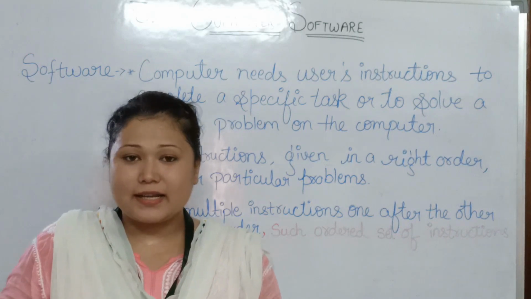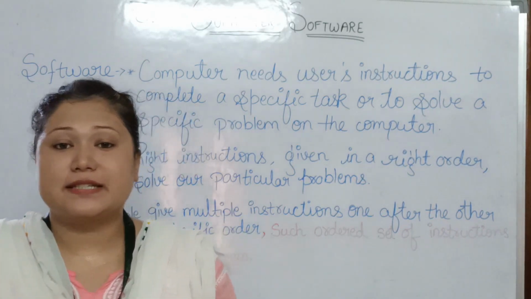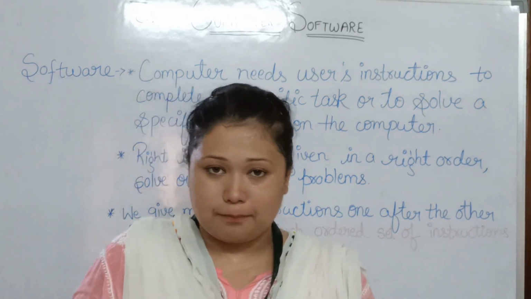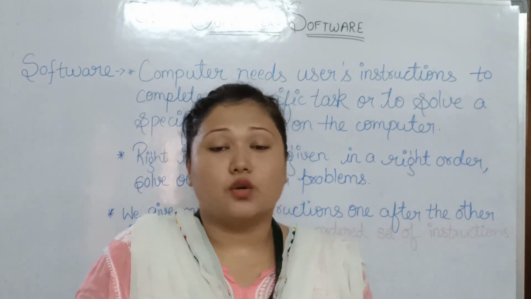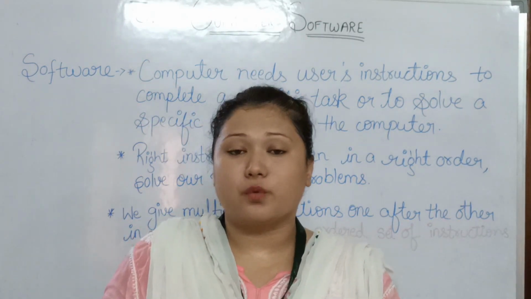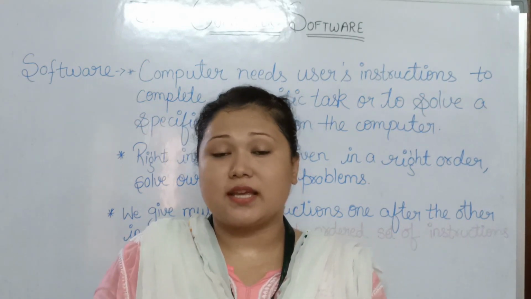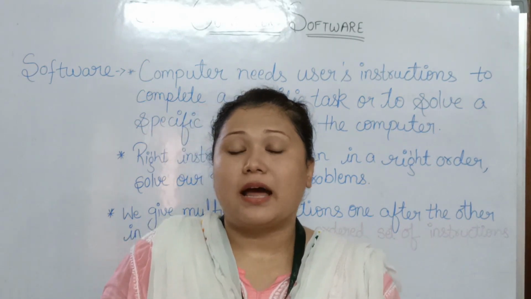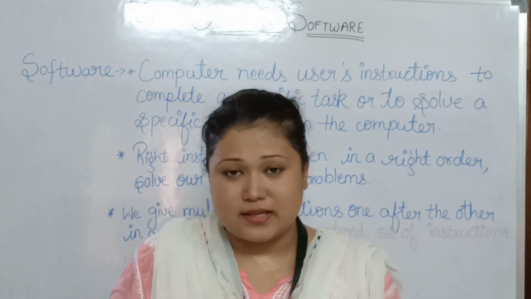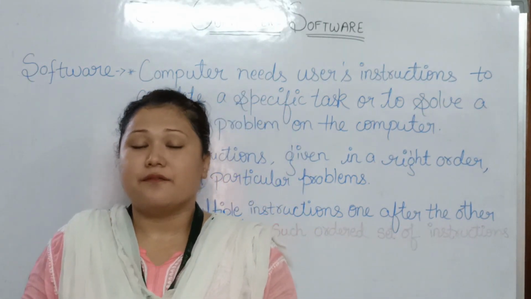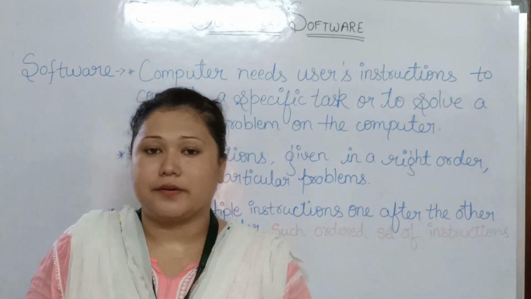To complete our task we give instructions, we give commands to the computer. That command is software, and that command is processed in our computer system, and all these processes take place with the help of software.